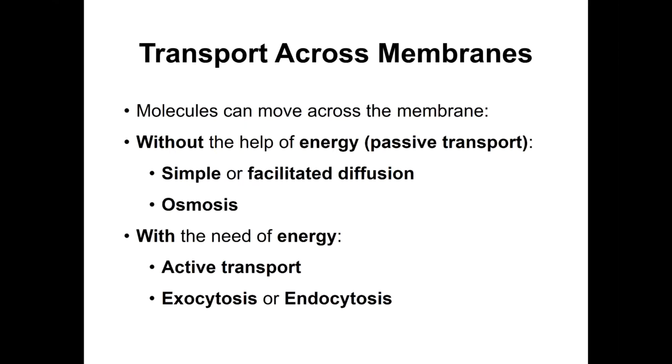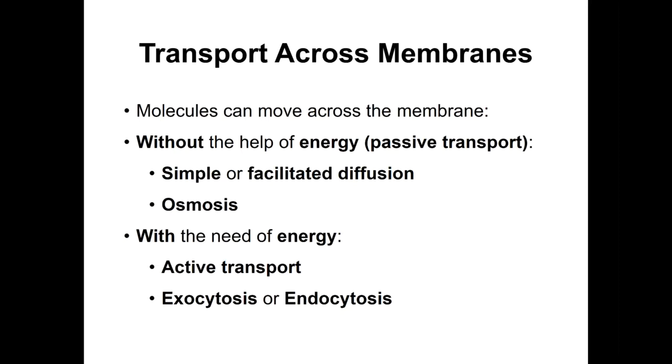Now, material can move in different ways, depending on the size and the overall properties, in terms of polarity and so on, of the molecule. There are two main ways in which molecules can move without the need of energy. In this case, we'll talk about passive types of transport. There are different types, and we'll go through them.